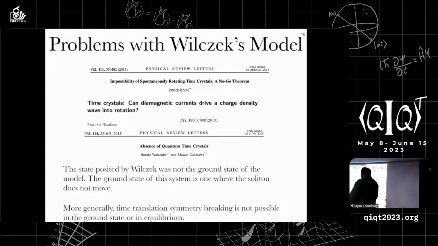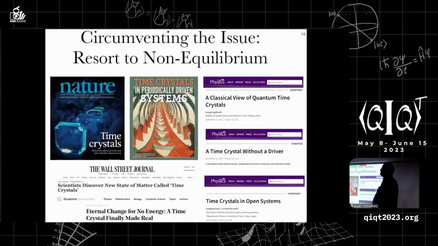But then the question is that if we can't get it in equilibrium, we can still go into a non-equilibrium setting and ask the same question: can we have time translation symmetry breaking in a non-equilibrium setting? Okay, and that has turned out to be a remarkably fertile direction of work, where time crystals have been shown to arise in a variety of non-equilibrium settings.